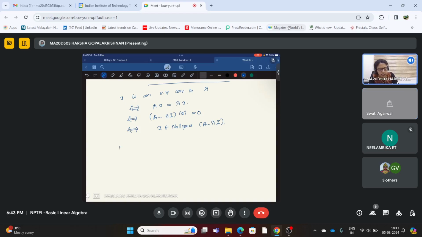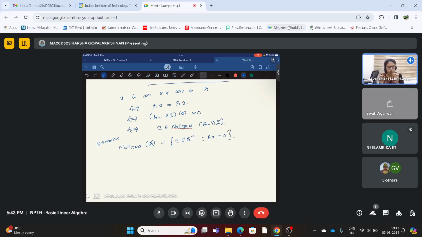Okay. Let us see the definition of null space first. For a matrix, let us say it is B. B is a matrix. Then what is the null space of B? The set of all x, like x can be in Rn if B is an n by n matrix, such that Bx equal to 0.